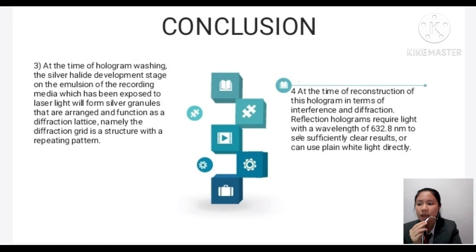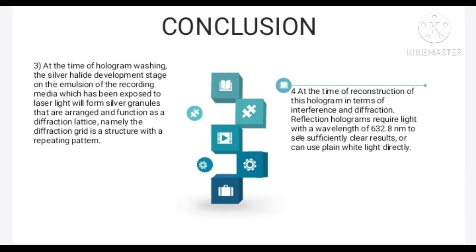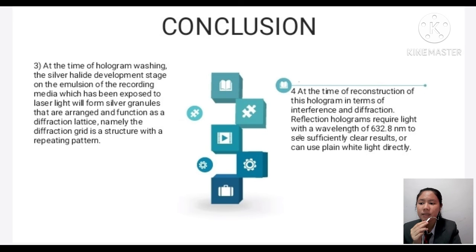3. At the time of hologram washing, the silver halide development on the emulsion of the recording media, which has been exposed to laser light, will form silver granules that are arranged and function as a diffraction grating. Namely, the diffraction grating is a structure with a repeating pattern. And the last, 4.